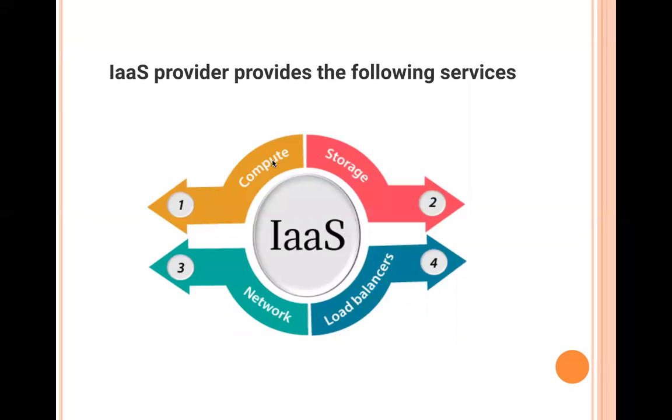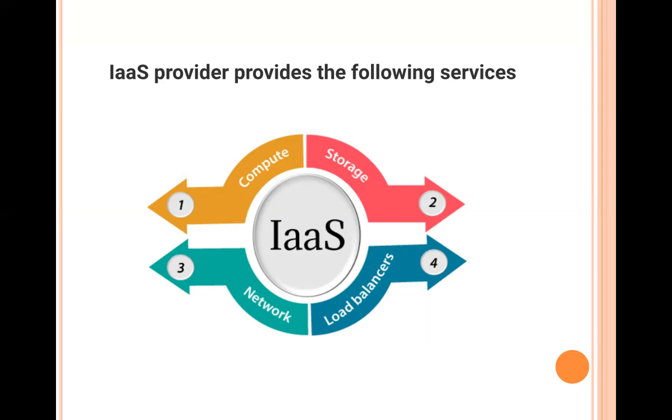It means for the end users it provides multiple virtual machines through virtualizing the CPUs and main memory. Now the second component is storage. The IaaS provider provides backend storage for storing files. Storage is also infrastructure, so the storage facility is provided by IaaS.